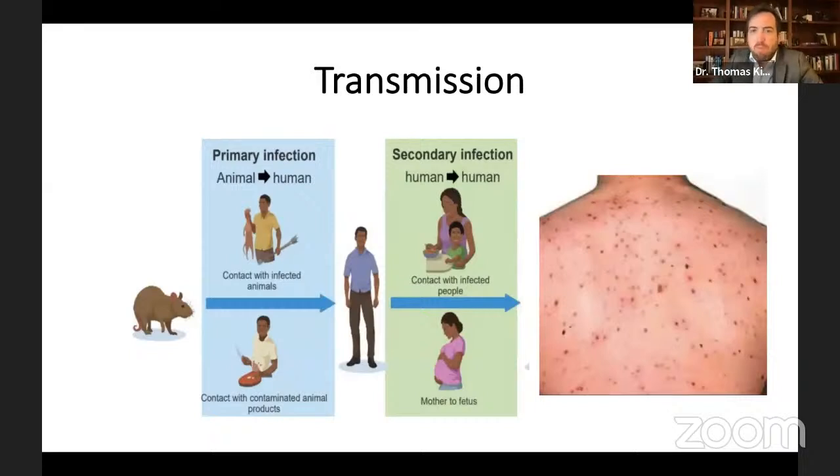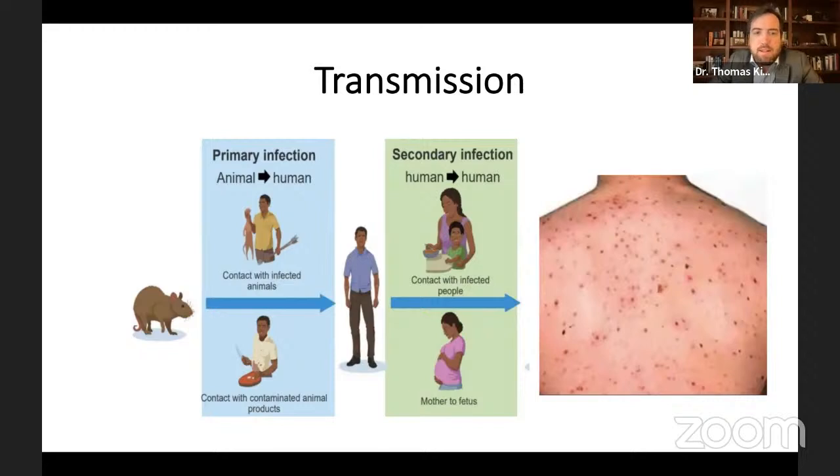And just a little bit more about transmission. Like I was saying, the primary host is typically rodents. We don't know all the hosts, but there have been 6 or 7 identified in these endemic African countries. There have been no rodents outside of those endemic countries that have become known primary hosts.